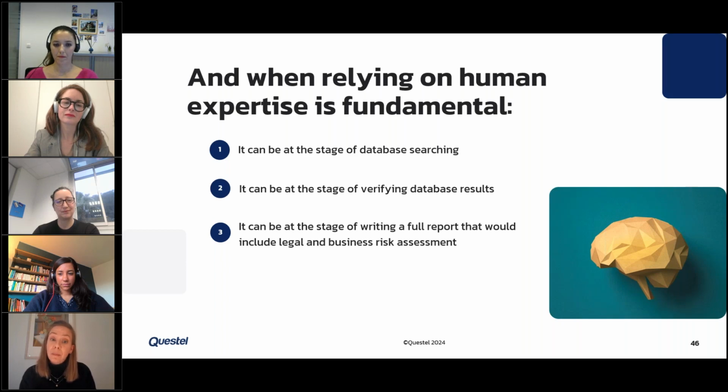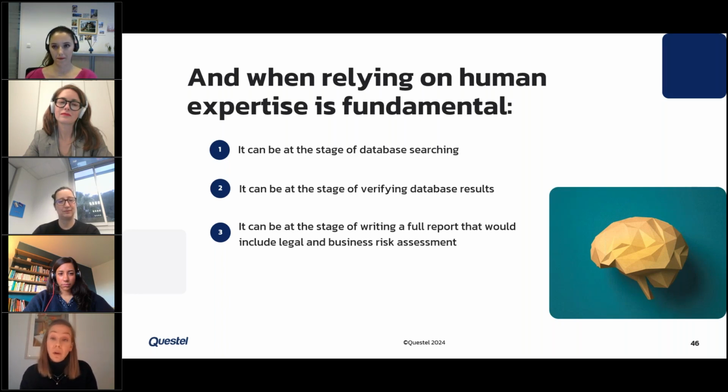Then the second step could be that you get somebody involved to verify the database results, because either when using just an algorithm or even if you've used an analyst in the first step, you can still deal with a very large set of results, but you might also find that you didn't get as many results as you liked. So you need to go a step back and an analyst can help you with that.